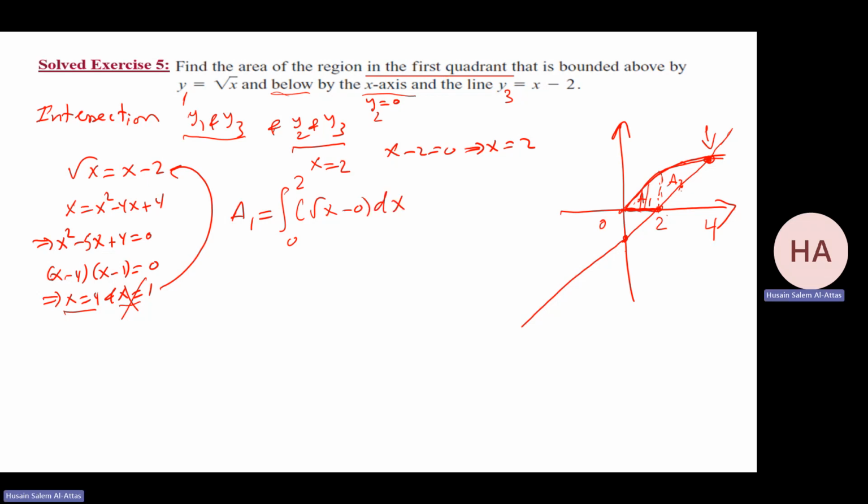Now, if we do the calculation, that gives me x to the power half. So it will be 2 over 3 x to the power 3 over 2 from 0 to 2.